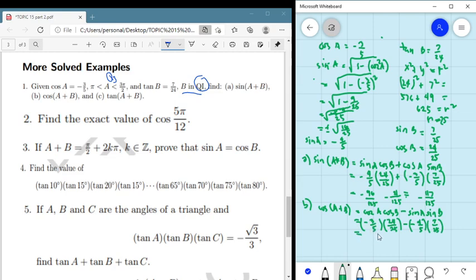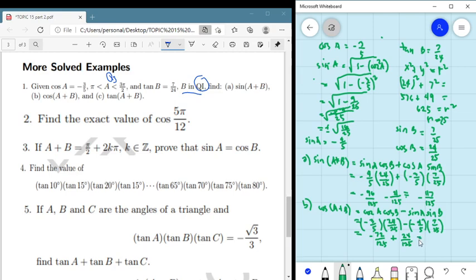Negative 3 times 24 is negative 72 over 125, then minus, so it should be plus 28 over 125.